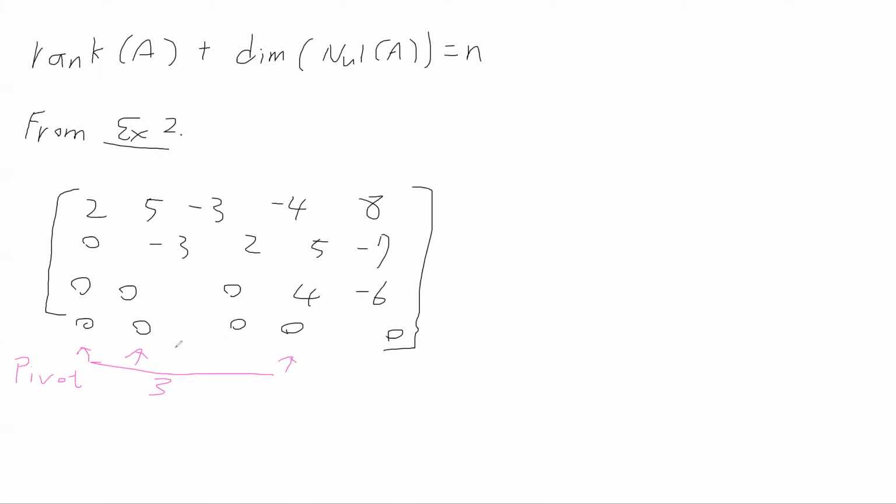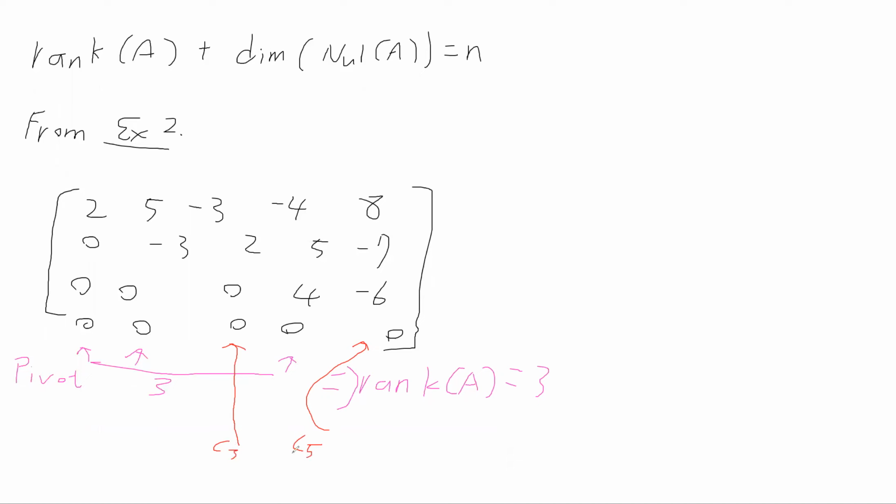All right, so in example 2, we saw that we write that in reduced form. So we have 3 pivot columns. Now, 3 pivot columns means the rank is going to be 3, right? Because we just need 3 columns to span the column space. Now, what this theorem is saying is, notice the non-pivot columns right here, and this one right here, column 3 and column 5.